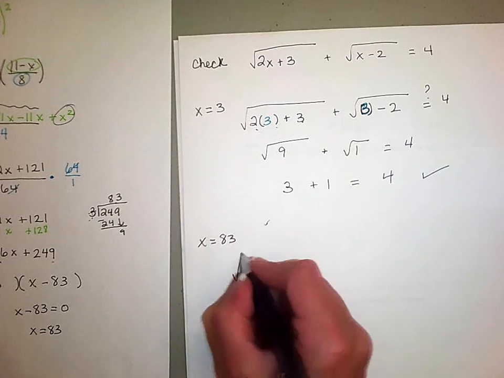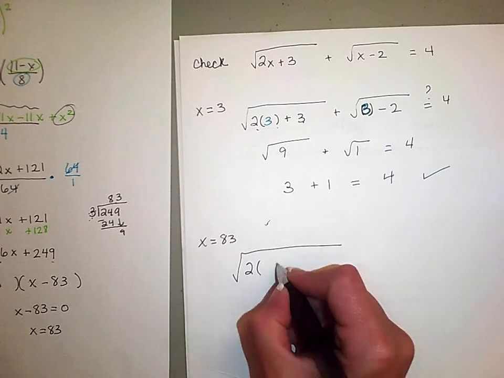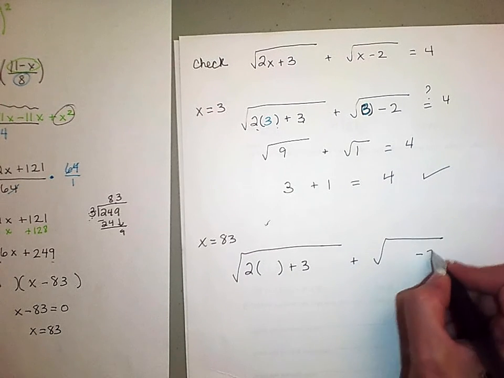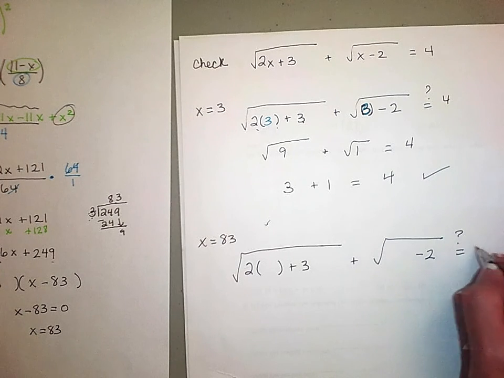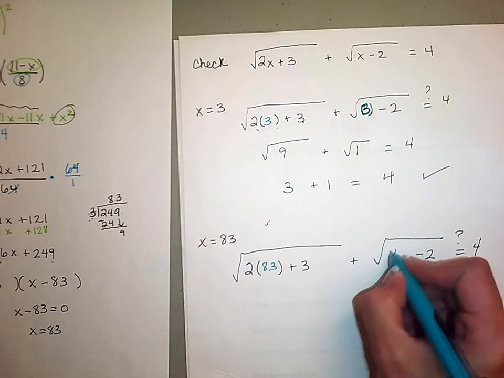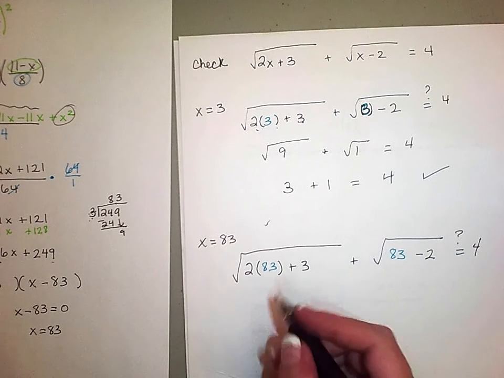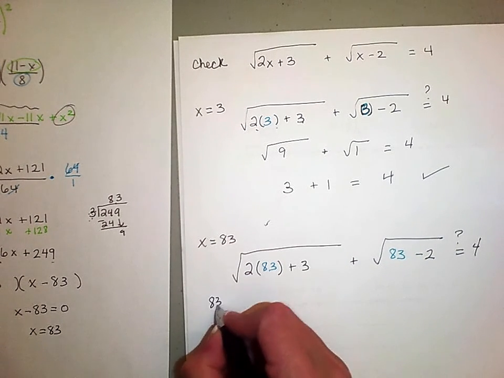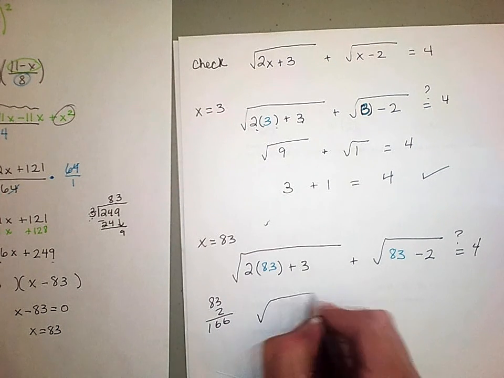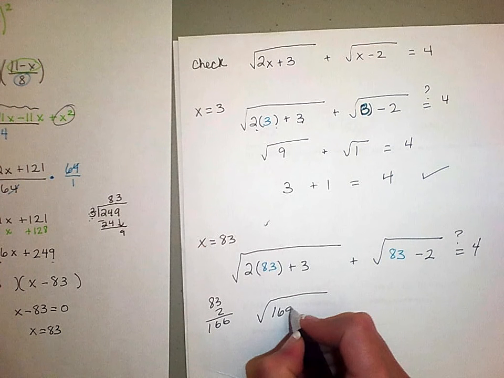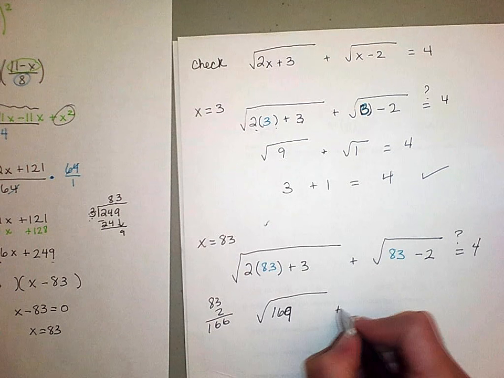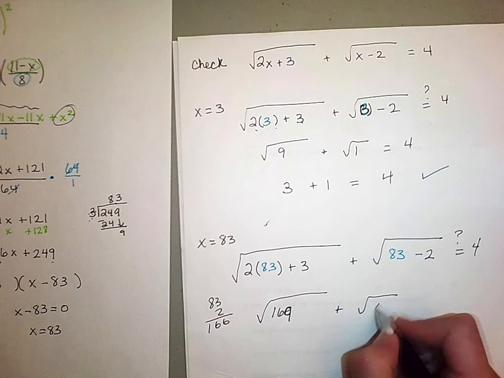Now let's look at x equals 83. So the square root of 2 times 83 plus 3, plus the square root of 83 minus 2, does that equal 4? Okay, 2 times 83 is 166, plus 3 is 169, plus the square root of 81.